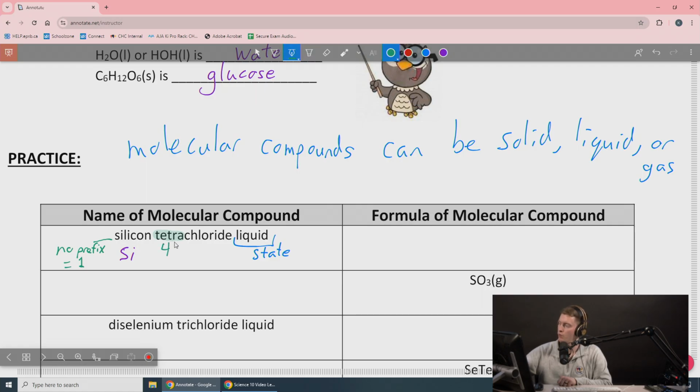Tetra is 4, and chloride will be Cl. So the formula for this molecular compound is going to be Si for silicon, Cl for chlorine. We have 4 of them because we have the prefix tetra over here, and it's liquid, so it gets the little L in brackets to indicate its state.